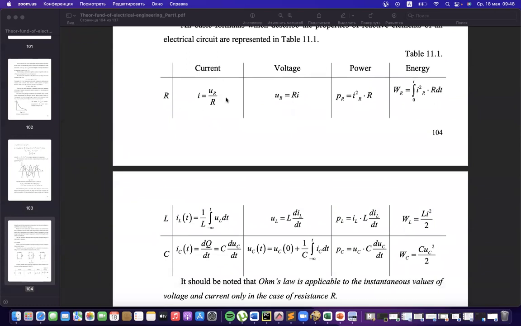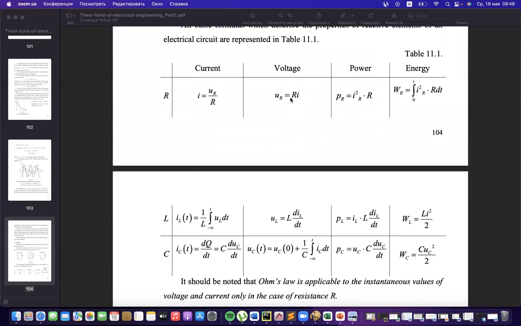For the resistor, current follows Ohm's law. For the coil, current is an integral because voltage is a derivative, and if we want to find current, it will be the opposite operator, the integral function. For the capacitor, current is a derivative.